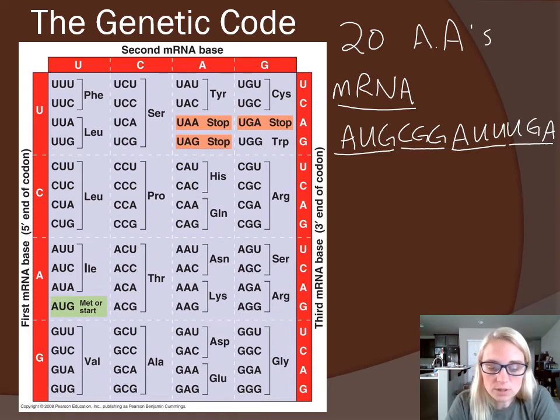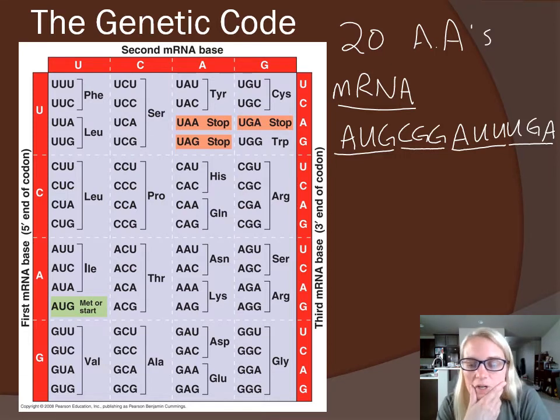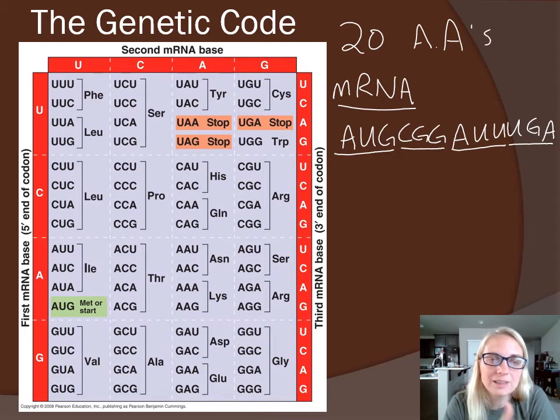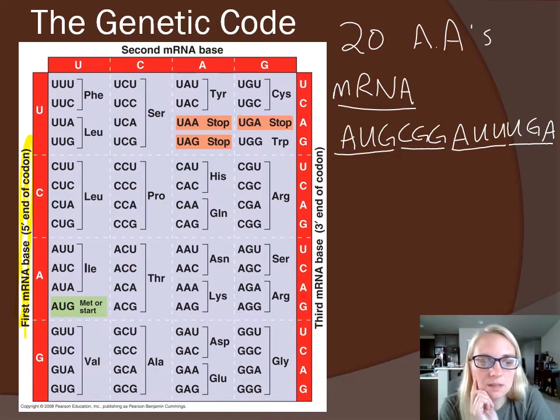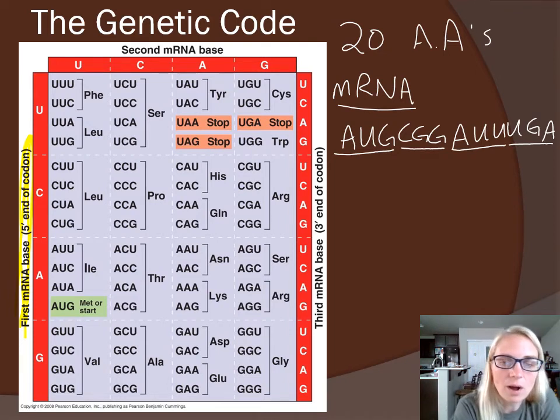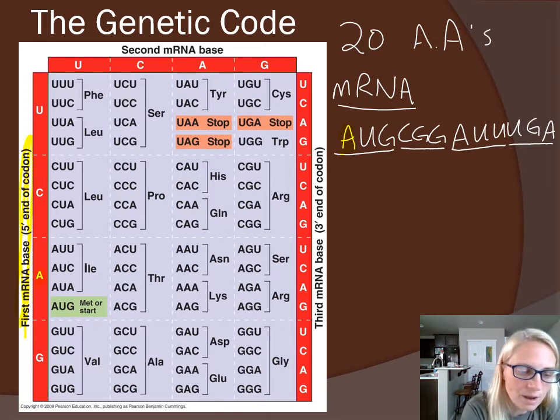So the way the genetic code table works, I'll try to get my highlighter out here, is on the far left-hand side you're going to be looking for the first base on the 5' end of the codon. Remember, a codon is RNA, so it's going to have the 5' end. My first letter is A. Okay, so I'm going to find my A over here.